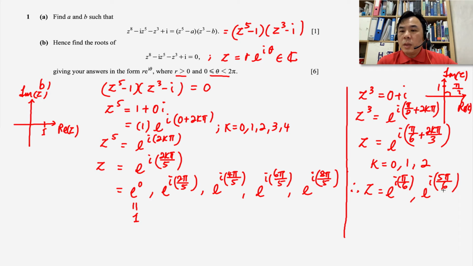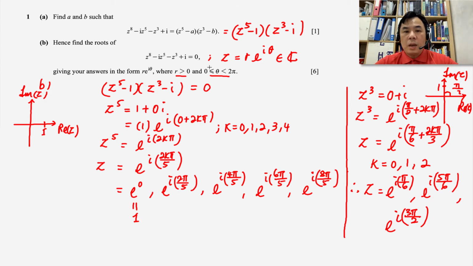Yep, that is 5π over 6. And lastly, we have another one when k is equal to 2, so that will be e^(i3π/2) here. At the same time, you have to check whether all these arguments still fall within this domain.